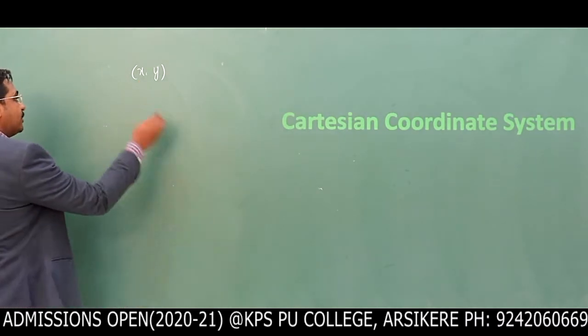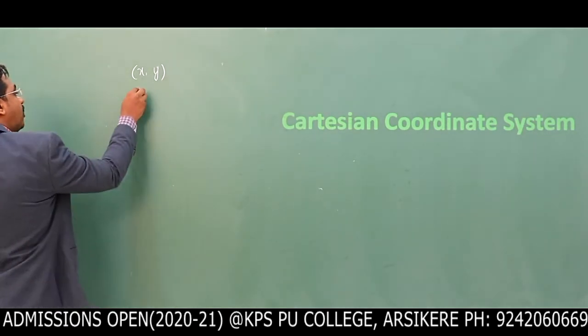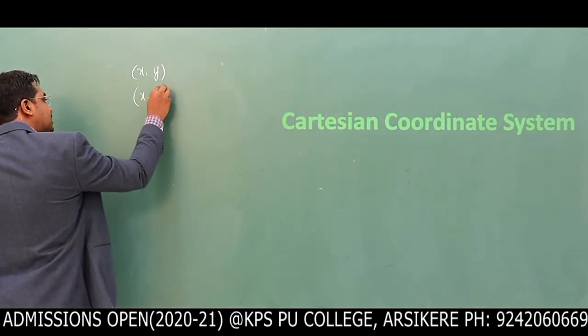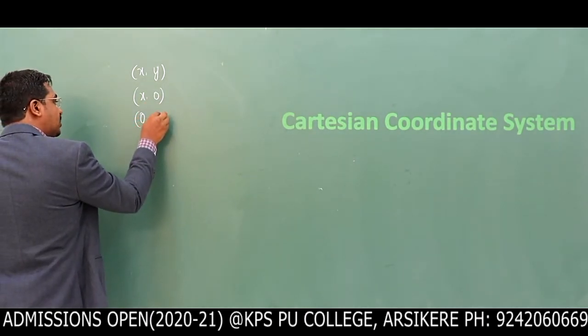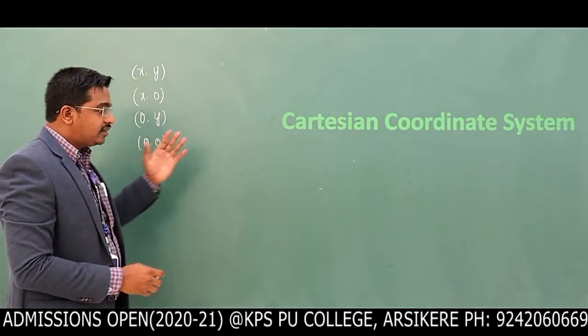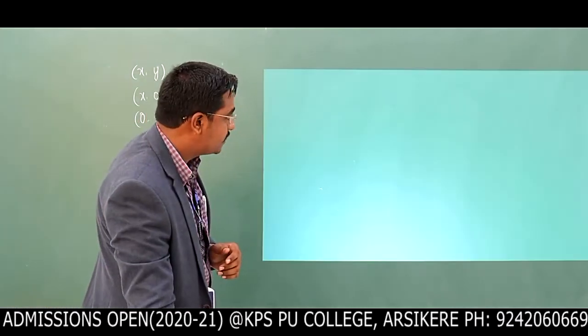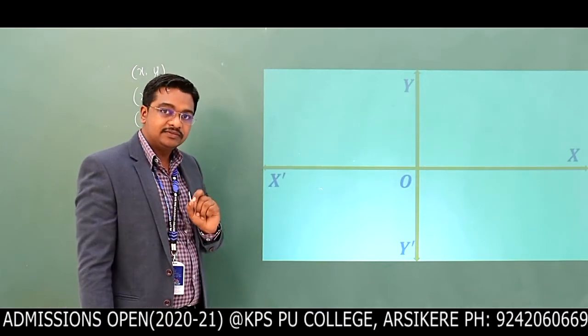Any point on the x axis is of the form x comma 0, any point on the y axis is represented by 0 comma y, and the origin is 0 comma 0. Here we have two perpendicular lines.